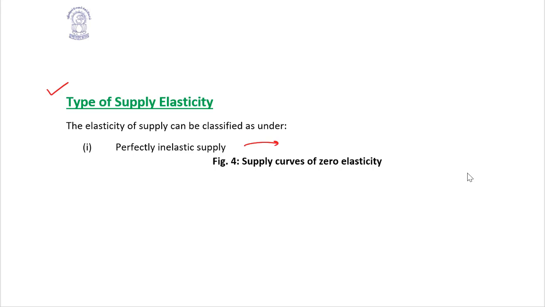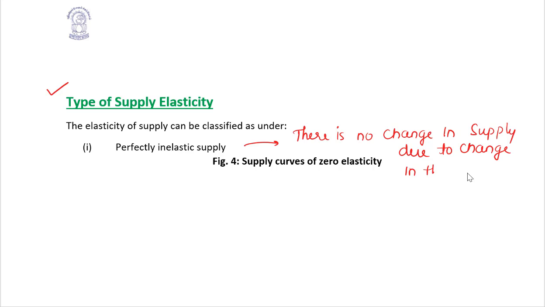Perfectly inelastic supply means there is no change in supply due to change in the price. The price has gone up or down, but there is no change in the supply because it is perfectly inelastic. I hope it is clear.